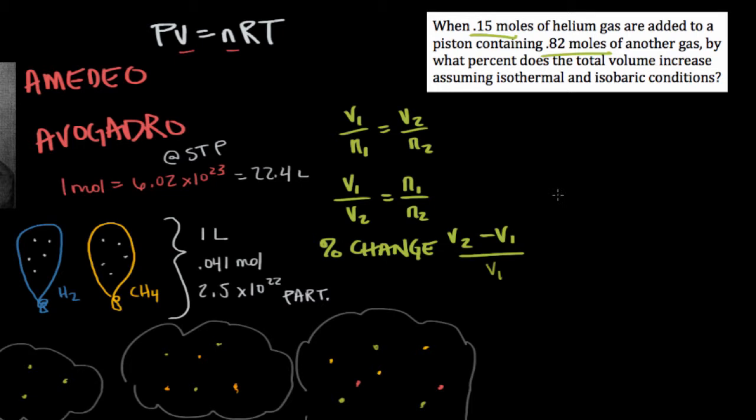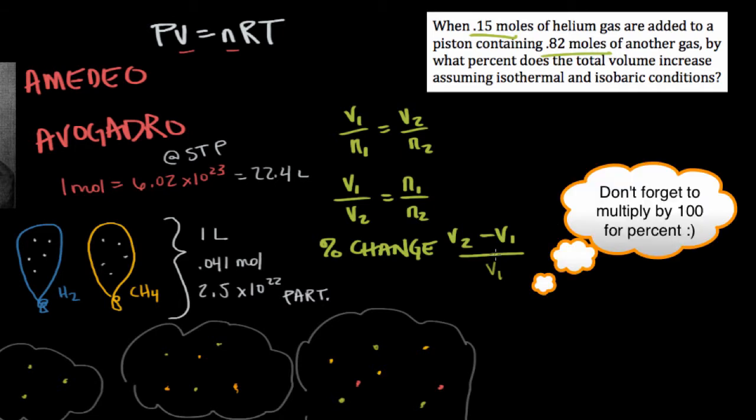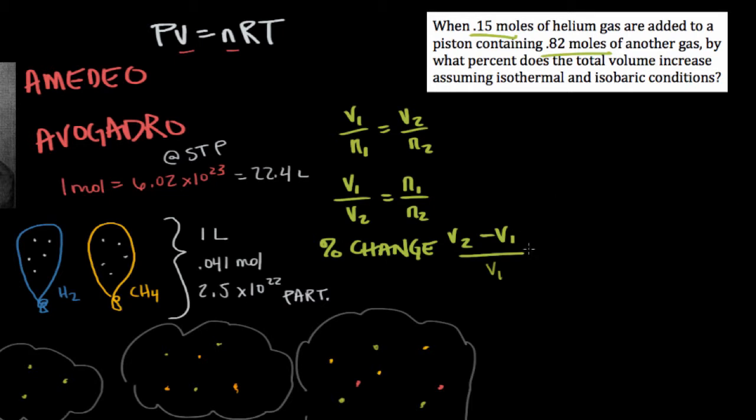This is just the formula for percent change, which is pretty intuitive. The change divided by the initial volume is going to give us the percent change. And so we know that this is equal to the percent change in the number of moles. So we can say N2 minus N1 divided by N1.